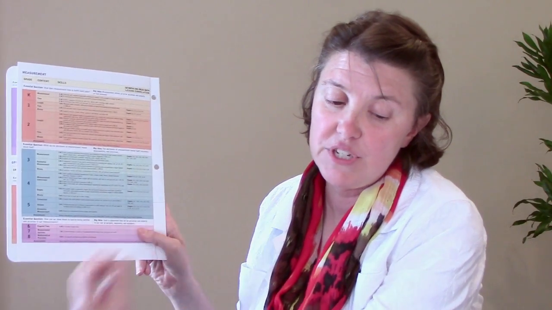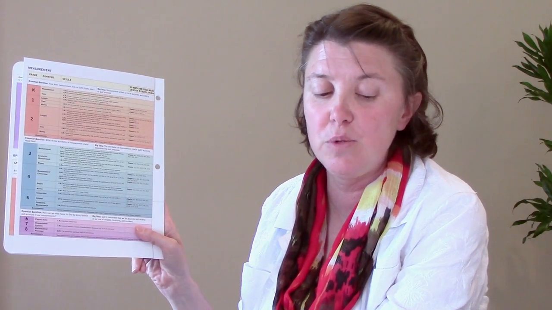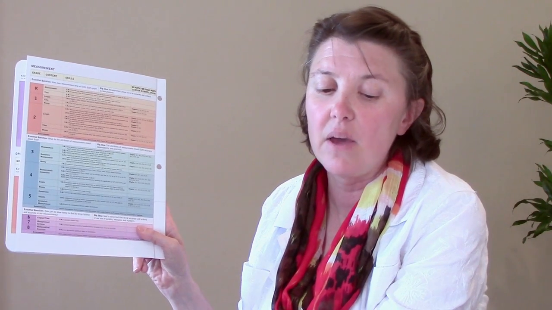Okay, so let's look at a sample again. We're going to look at the measurements strand for just a moment. And in that strand, we're going to look at the 5th grade, and we're going to look at the strand about volume. If you read that particular standard, it says that the students will be able to understand concepts of volume measurement in cubic measure, such as centimeters cubed, inches cubed, and feet cubed. And they will be able to apply that to multiplication and addition.